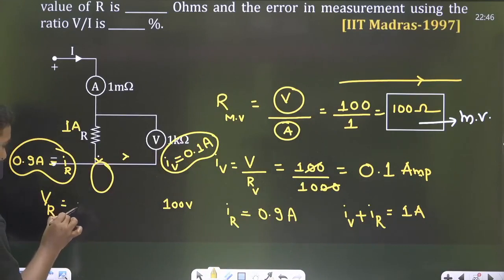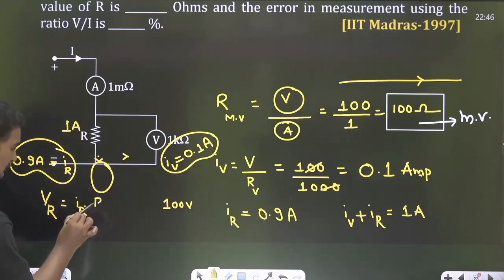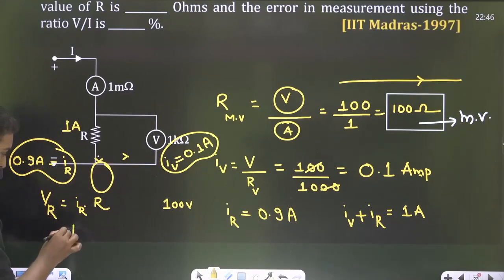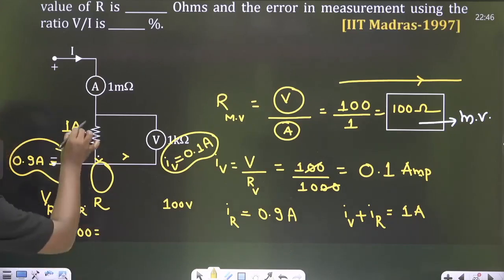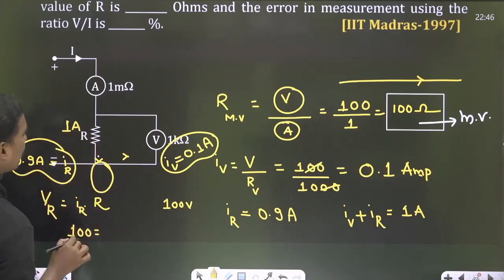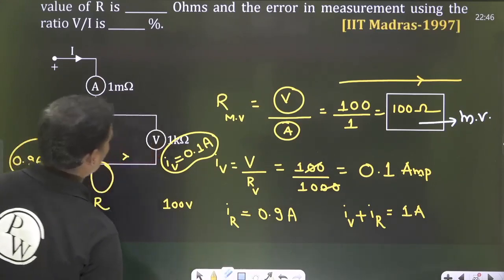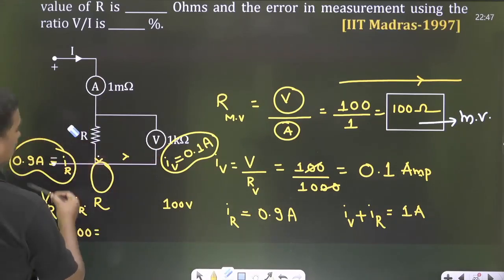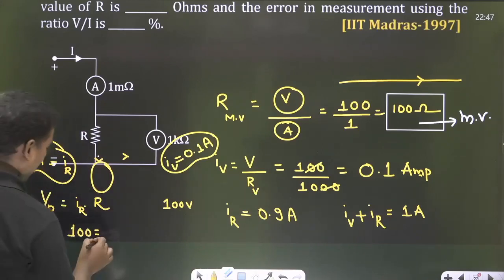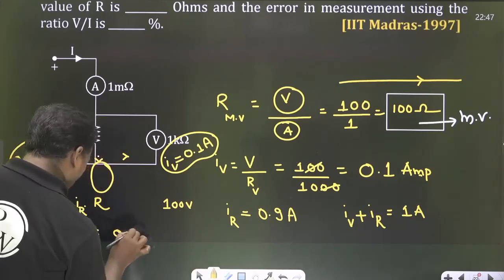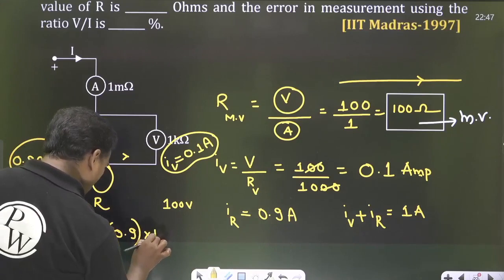That can be taken as current passing through the resistor into resistance. Current passing through the resistor is how much? 0.9 amperes, total is 1 ampere. So I can take it as 0.9 amperes into resistance.